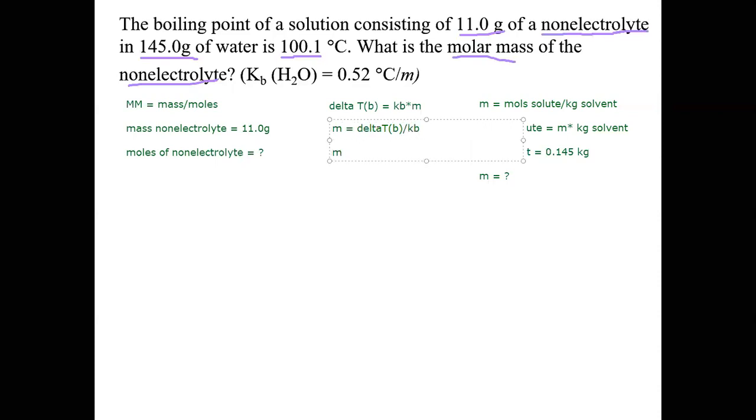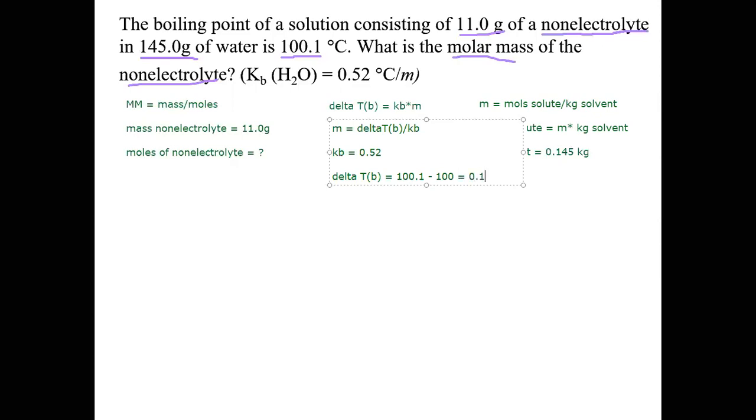In order to solve this, we need the KB, which is given to us, and we need the delta TB. Now delta TB is the change in temperature between the solution and the pure solvent. It doesn't give us the boiling point of the pure solvent because it's water. It's understood that you know what that is. And so it's going to be the solution's boiling point minus the boiling point of the pure solvent.